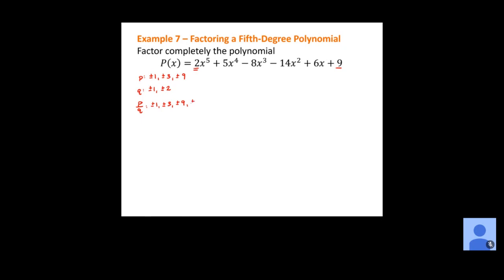So we'll get plus or minus 1 over 2, which is 1/2, plus or minus 3 over 2, which is 3/2, and plus or minus 9 over 2, which is 9/2. Any questions about how I got that list of P over Q's?